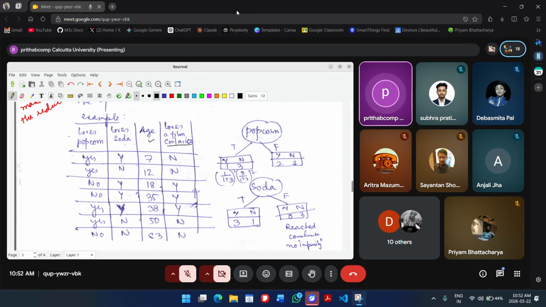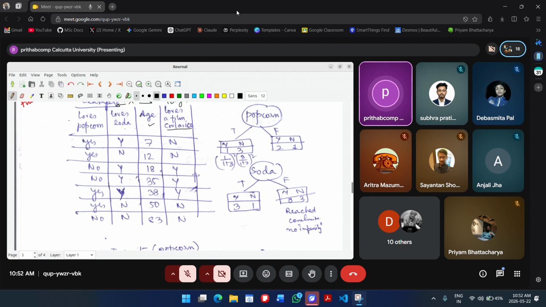This is actually our target variable, or y, and these are the x's. You see that everywhere it is only yes, no: loves popcorn, yes, no; loves soda, yes, no; loves a film, also yes, no; and age is numeric or discrete values.